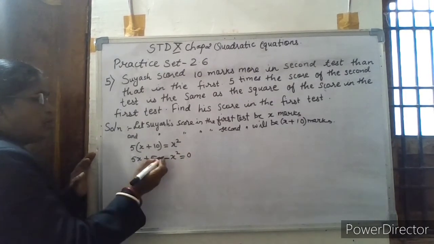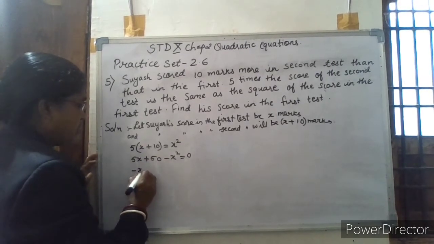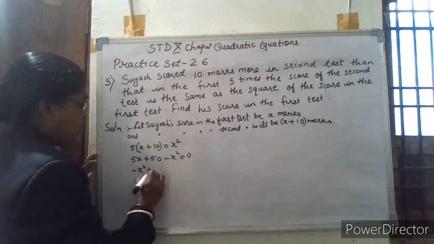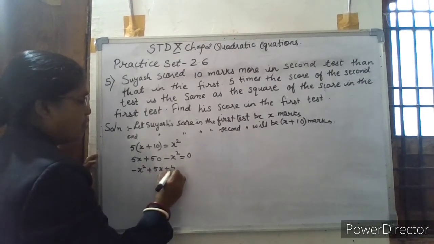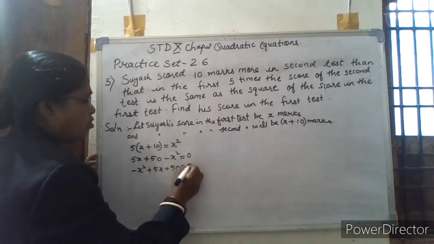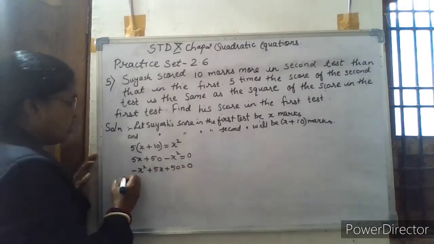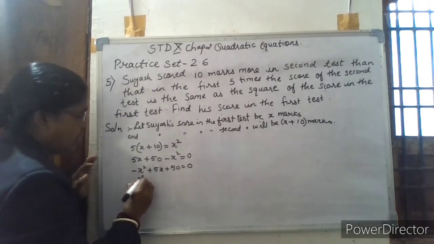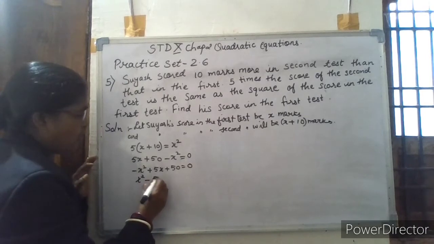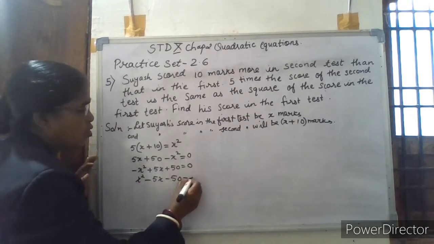Now arrange the quadratic: minus x squared plus 5x plus 50 is equal to 0. This is in the general form. We will make this positive. So it is x squared minus 5x minus 50 equal to 0.